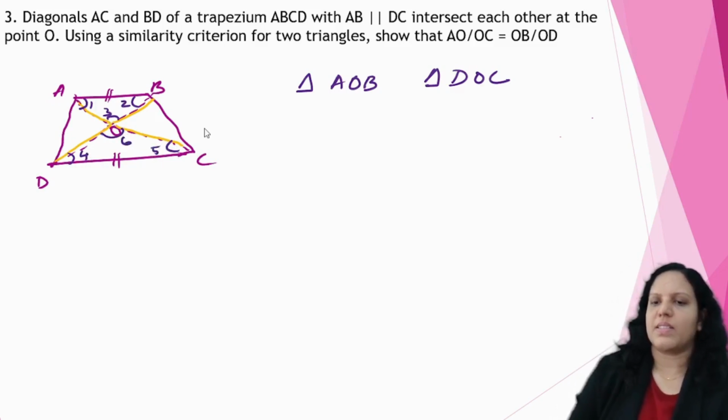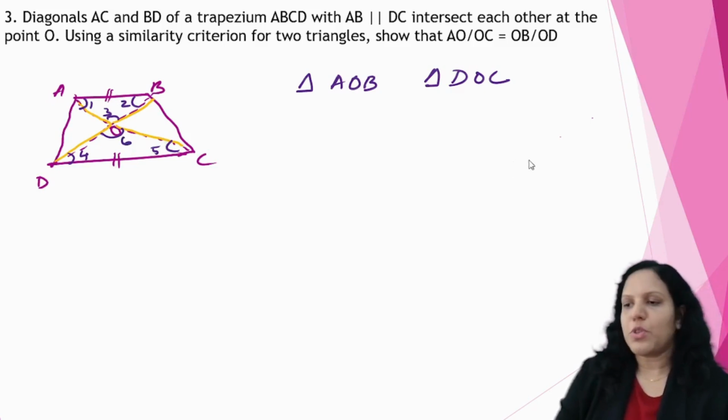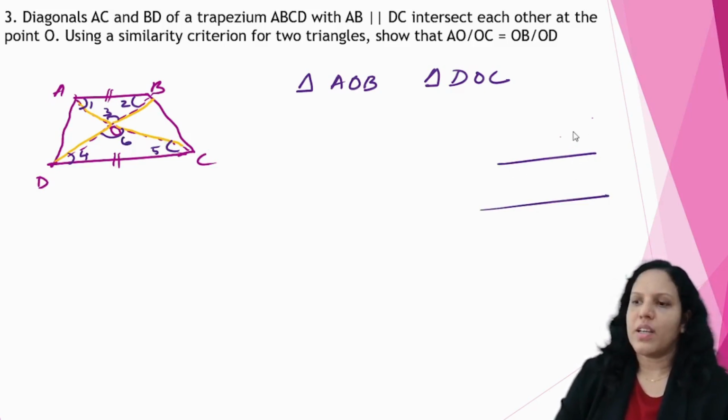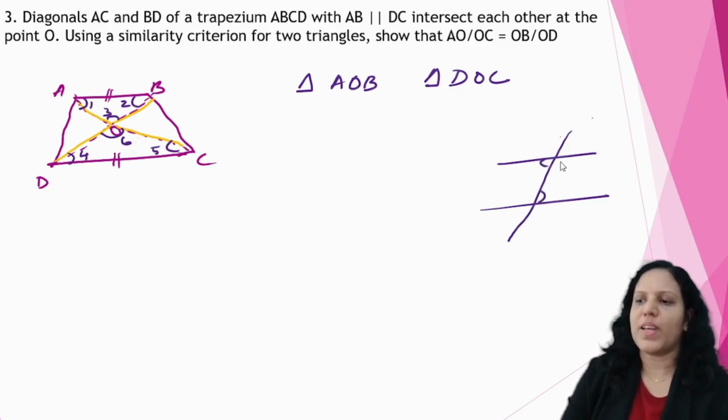If a line is drawn intersecting two parallel lines, the alternate interior angles will always be equal. So here angle 1 is equal to angle 5 because these are alternate interior angles, and angle 2 is equal to angle 4.